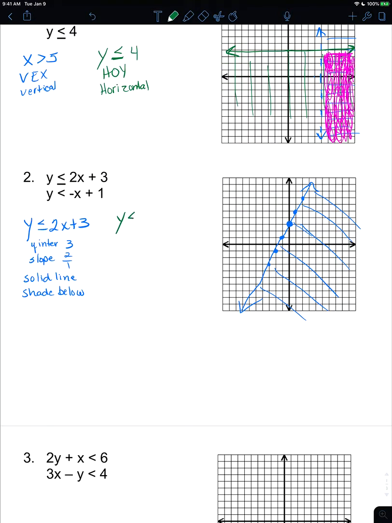So y is less than negative x plus 1. That means we've got a y-intercept at 1 and a slope of negative 1. So that means down 1 over 1. This one will be a dashed line because it is not equal to it. And again, we're going to shade below the line because it is less than.